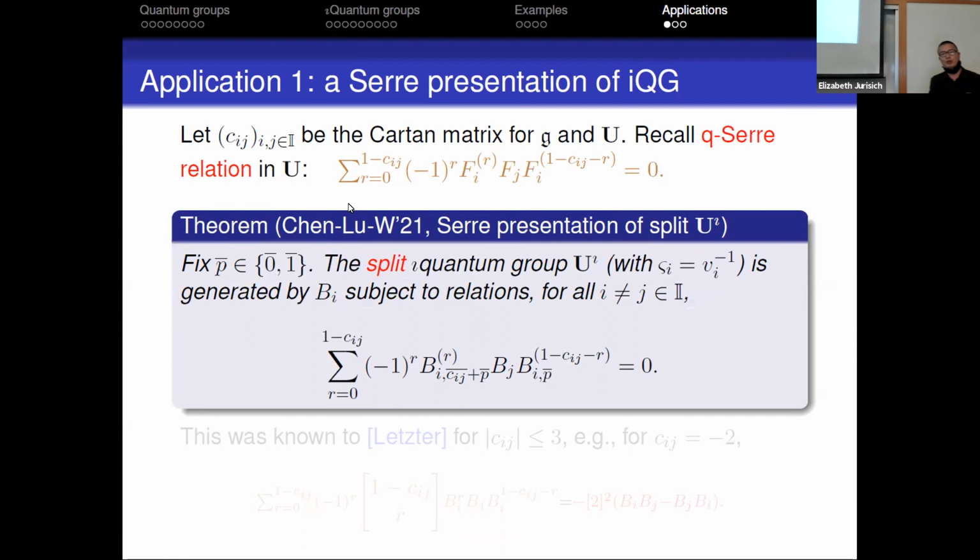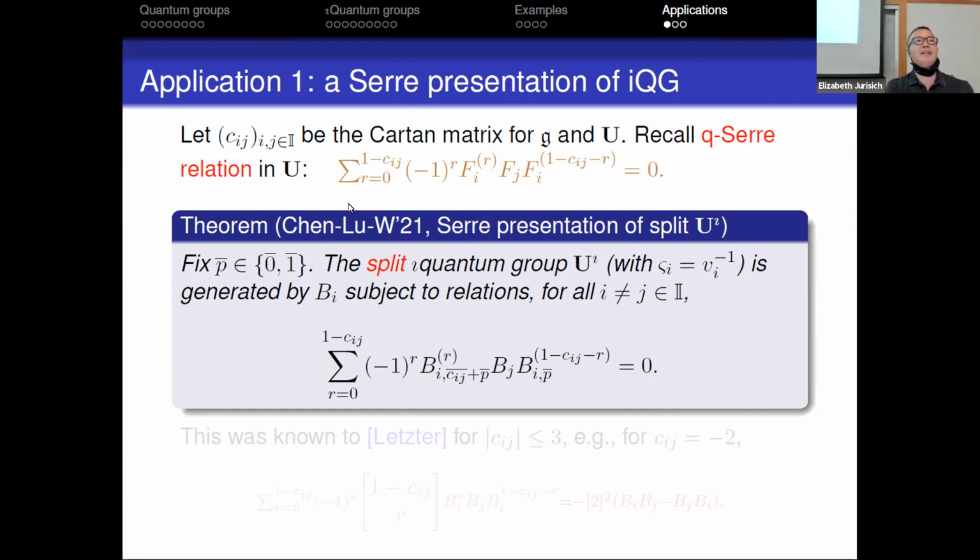And this is true for split quantum groups, but can also be easily generalized to quasi-split. I'm not touching that here. In this case, here is the new version of the Serre relation using the i-divided power. Notice those indices, I don't have a pointer.